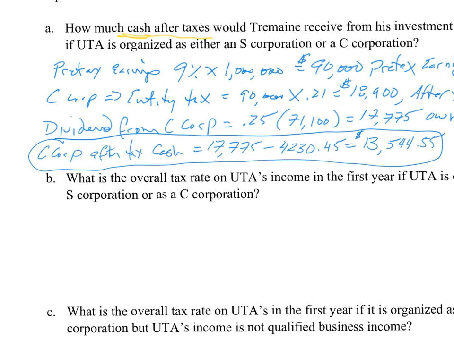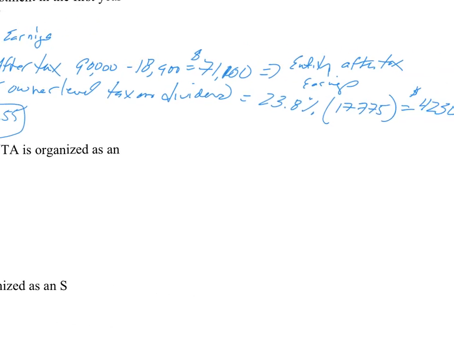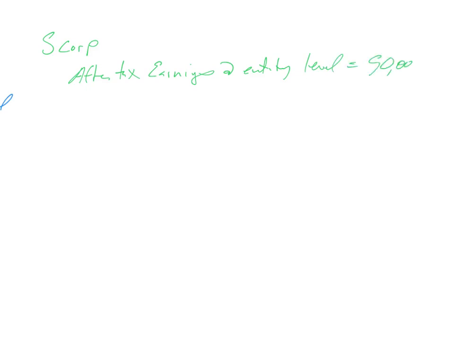Okay, now we have to do a similar thing for an S corporation, and so I'm going to slide way over so that we can hopefully get that done. All right, I'm changing color so we can tell the difference between the C Corp and the S Corp very easily. All right, so our S Corp earnings at the entity level, so let's call this earnings at entity level, are $90,000.